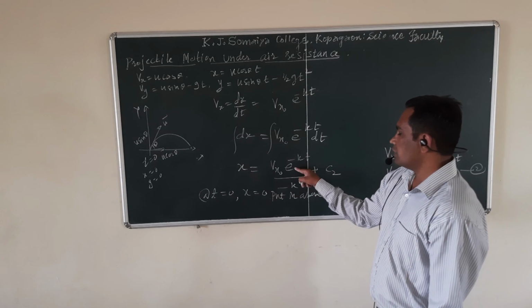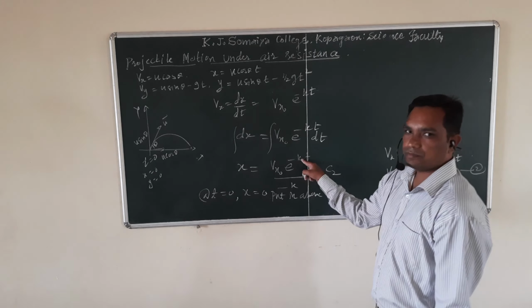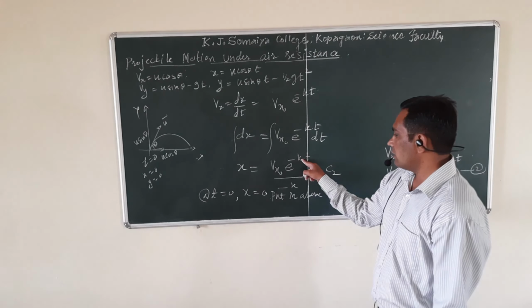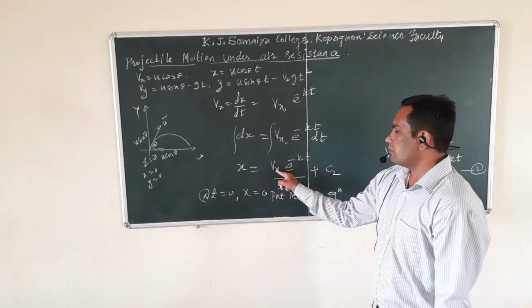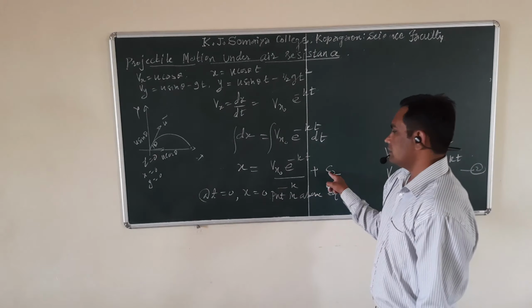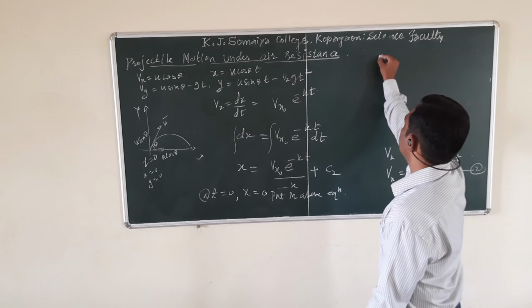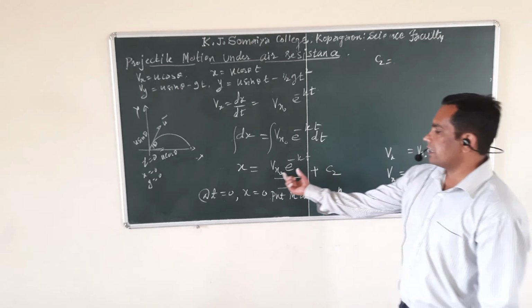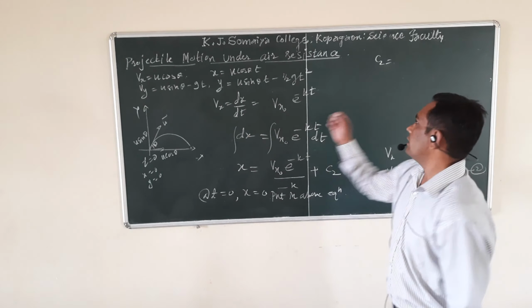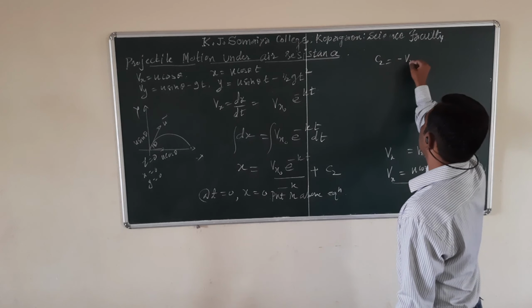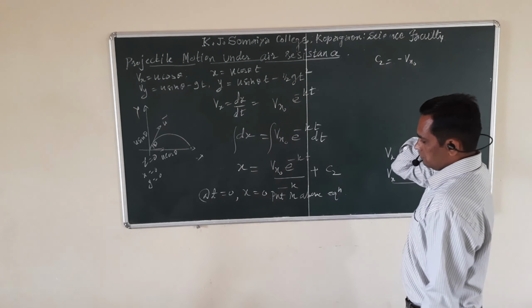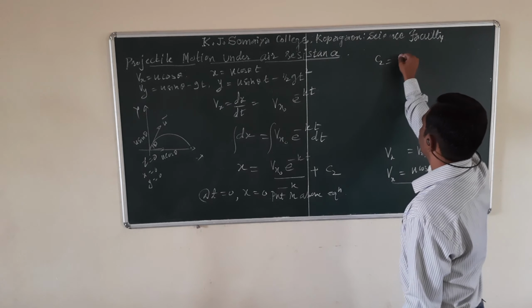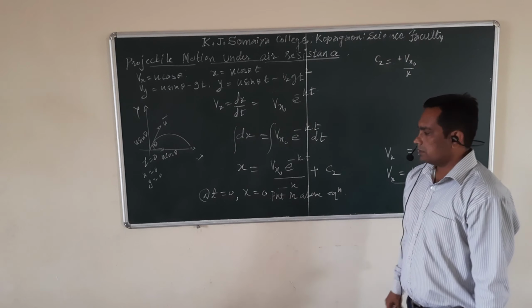On the right, at t equal to 0, e raised to 0 is 1. So 0 is equal to minus Vx0 upon k plus c2.